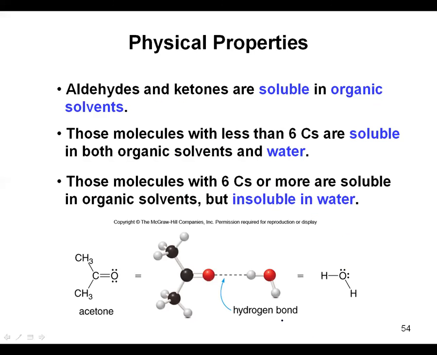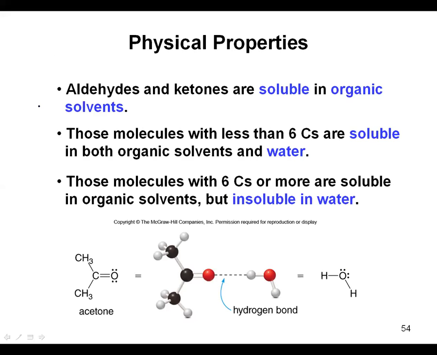Now, they're also soluble in water. Aldehydes and ketones are soluble in organic solvents, but they're also soluble in water as well, with about 6 carbons or less. And it's for the same reasons we talked about earlier.